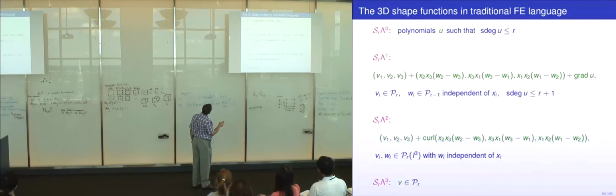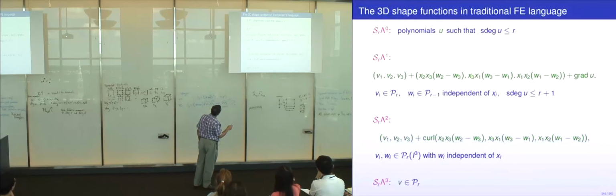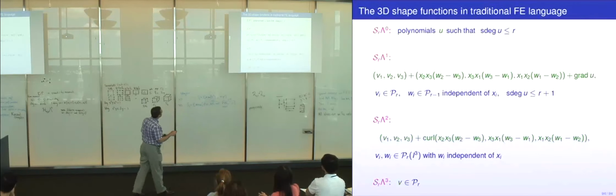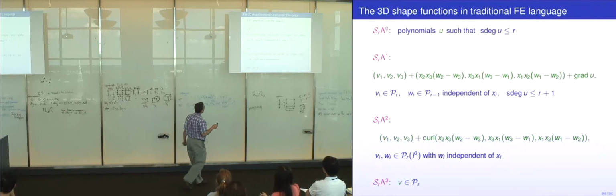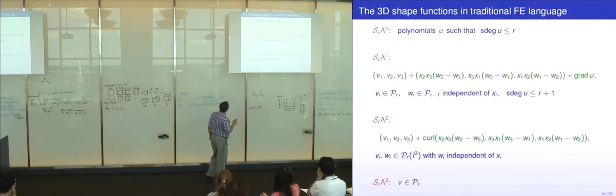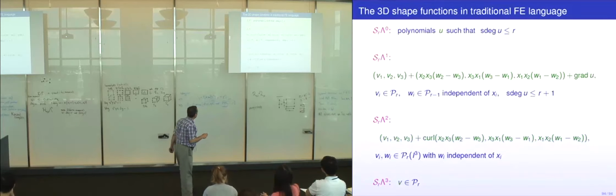And so if you figure that out, this is a PR minus 1 plus 2, so this is a PR plus 1. So you take PR, you add these special kinds of PR plus 1s, and then you also add the gradient of things whose superlinear degree is at most R plus 1. And this is a space for which the obvious degrees, or the fairly simple degrees of freedom we had, are unisolvent. And you see this space is invariant under switching x and y, and it's stated in an invariant sort of way.